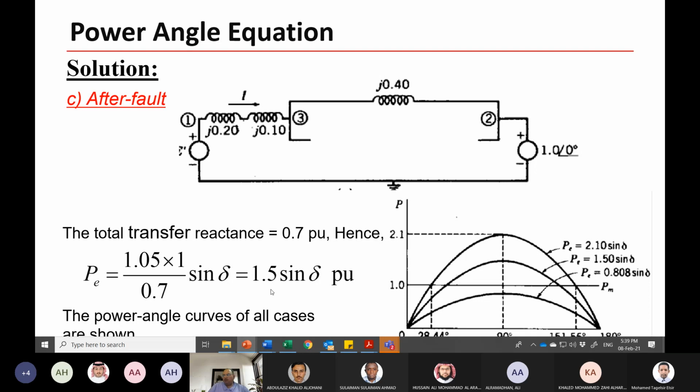In more complex systems, of course, Y-delta transformation, this simple reduction is not applicable. But the systematic way is to find the Y bus matrix, and then you eliminate all buses by Kron reduction except those of generators. Okay.